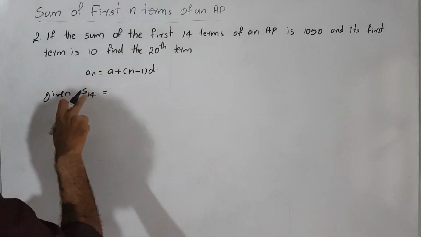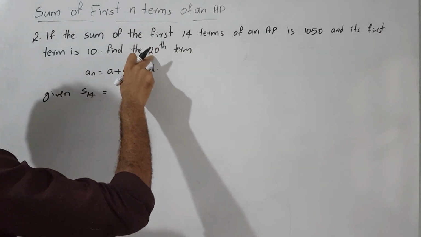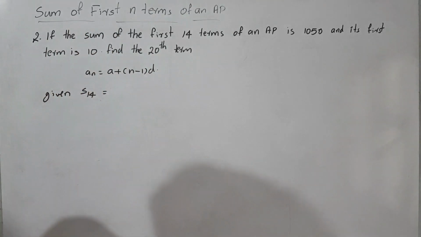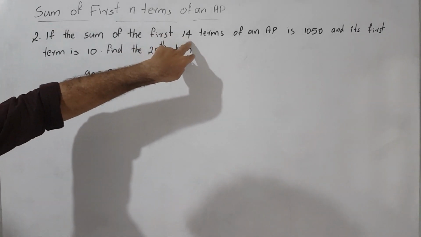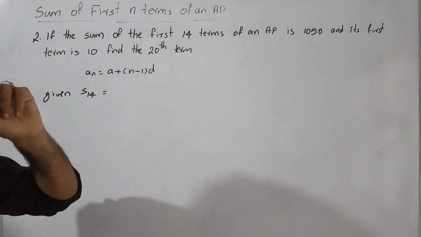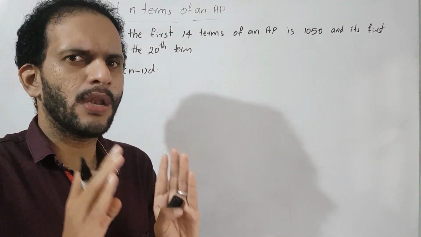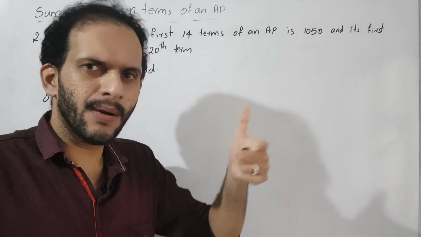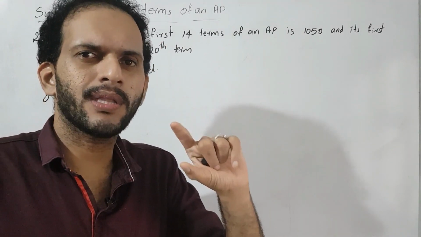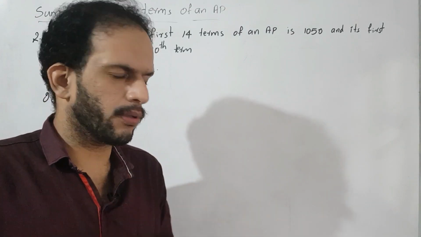In the case of the sum, the n value is 14, and in the case of the term, the n value is 20. Don't misunderstand that. In the case of the sum, the question specifies the sum of 14 terms, so the n value is 14. What we need to find is the 20th term, so the n value used when finding the term is 20. So we should not mix up the two.